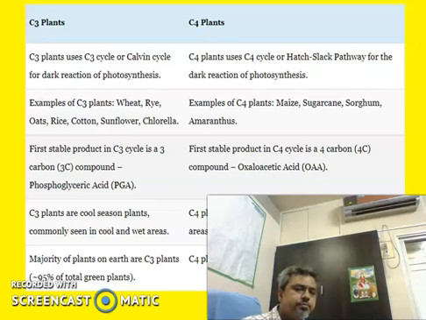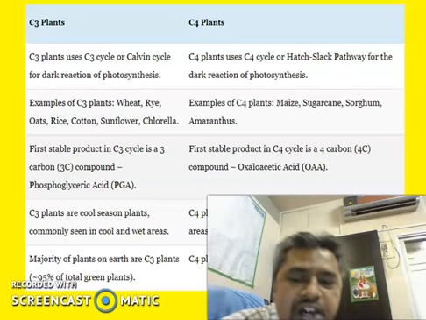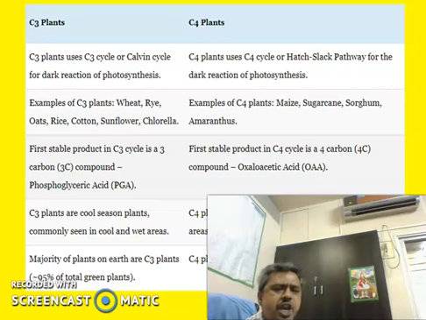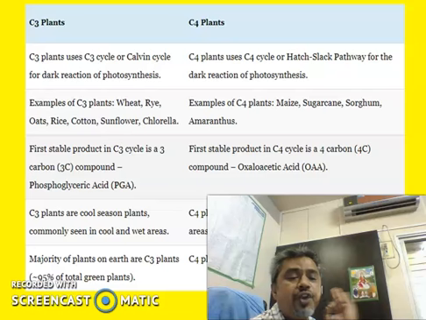Now C3 and C4 plants. C3 plant uses the C3 cycle or Calvin cycle for the dark reaction of photosynthesis. In case of C4 plant, it uses the C4 or Hatch-Slack pathway for the dark reaction of photosynthesis. Here you will find both dark reaction pathways are different.